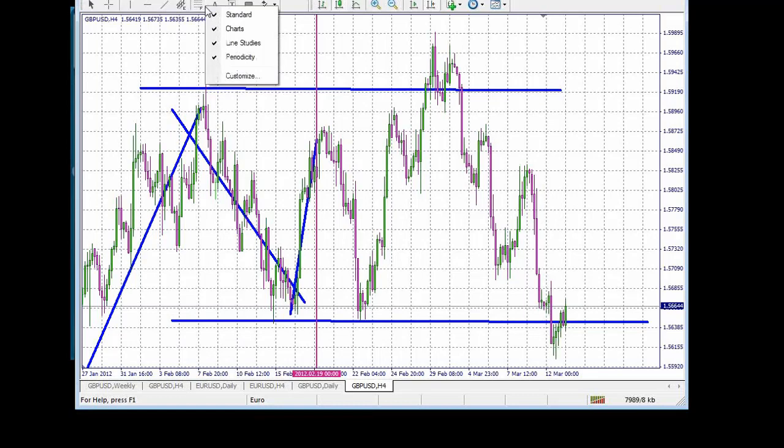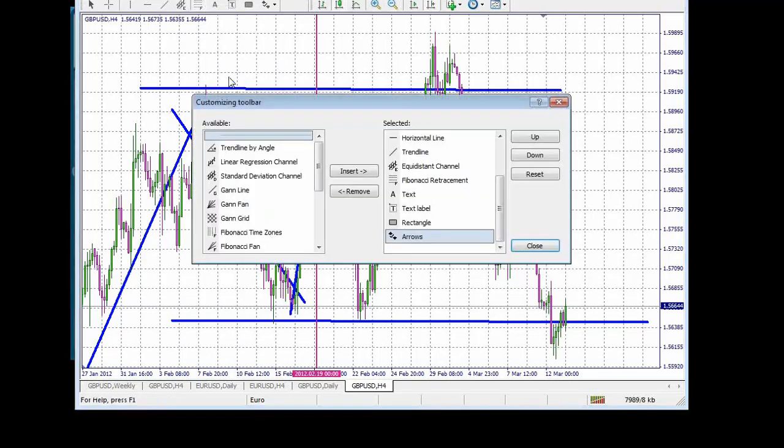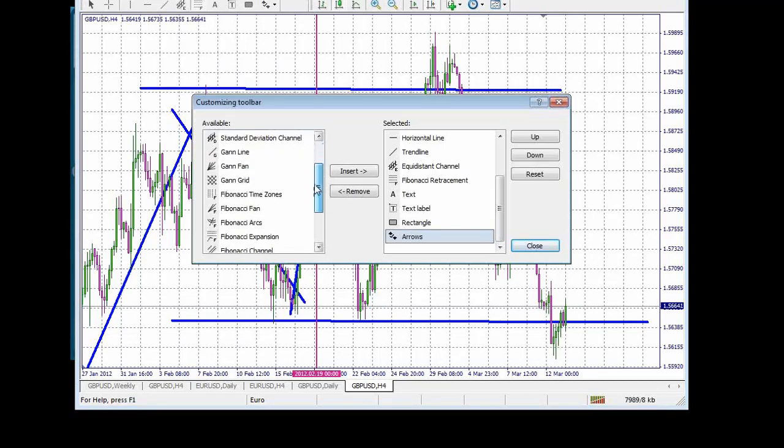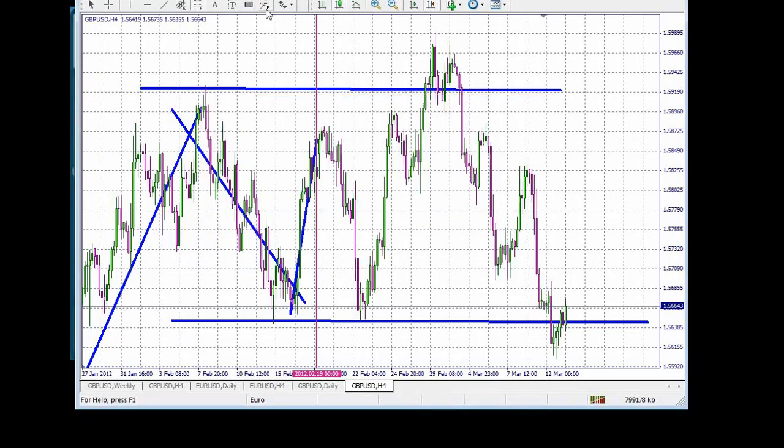Click right to the mouse, go to the customize, and in this ticket we can introduce the Fibonacci extension. Insert and close. So we have here Fibonacci expansion.